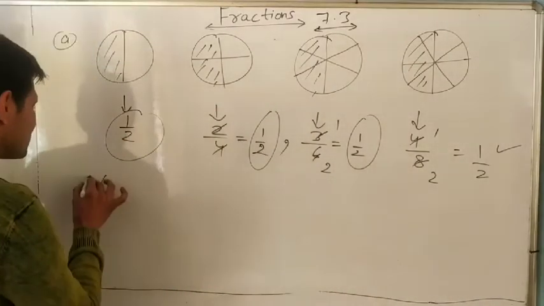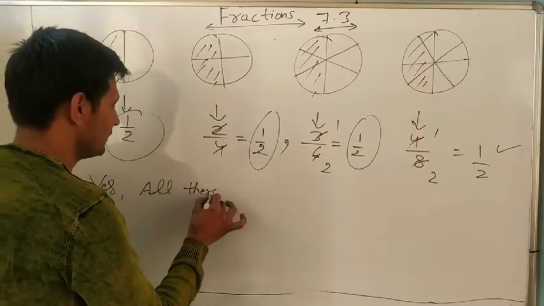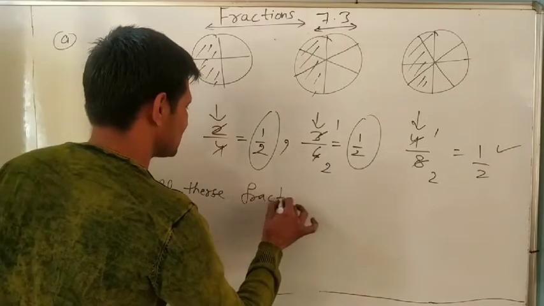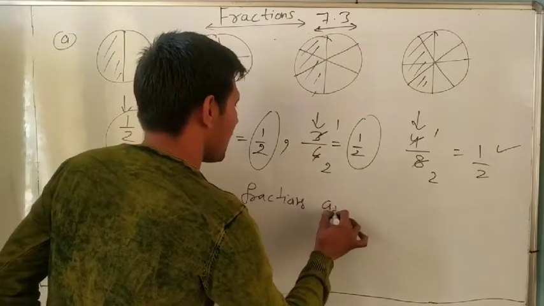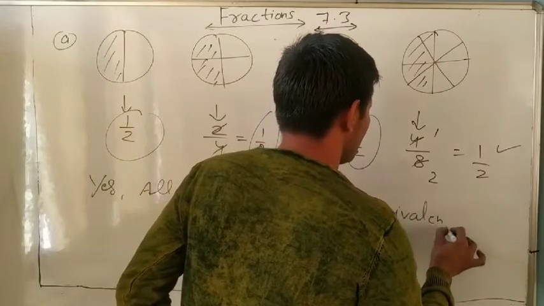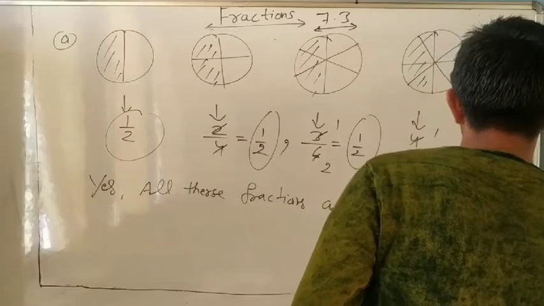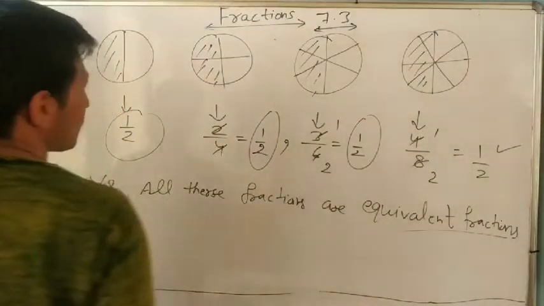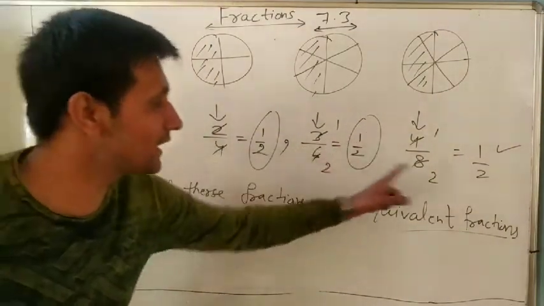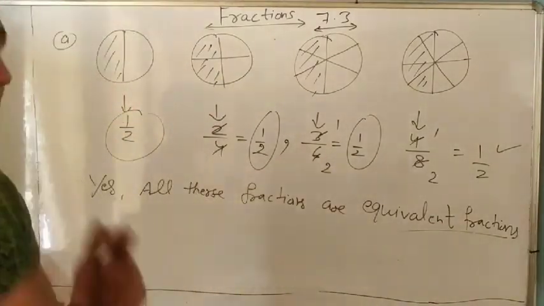So you can write: yes, all these fractions are equivalent fractions. Do you understand? Because all are equal. So first cut this one and then check it. 1/2, 1/2, 1/2. Next, B part, do it yourself.